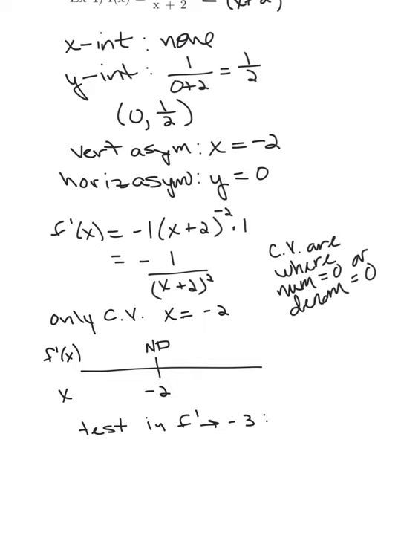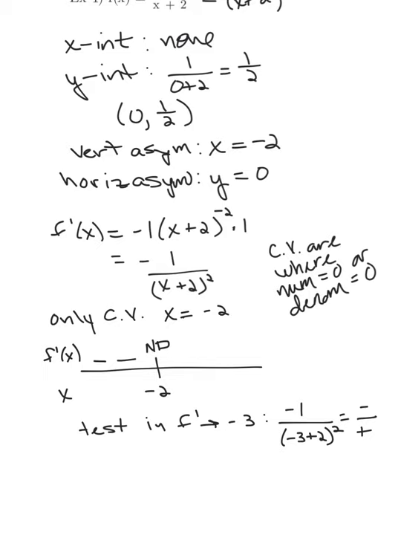If I put -3 in that derivative, I will have -1 over (-3 plus 2) squared. So I'm going to get a negative over a positive, which gives me an overall sign of negative.